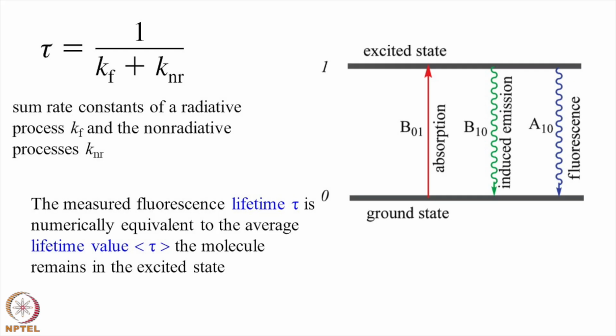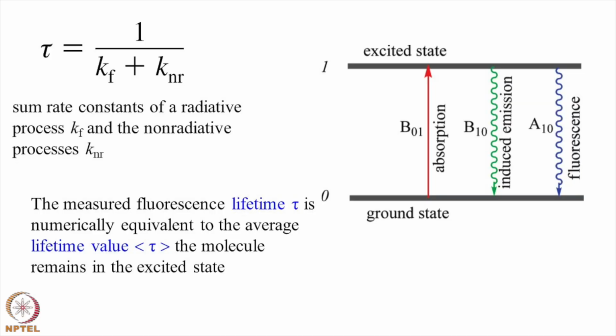So, tau, the fluorescence lifetime, is 1 by (Kf + Knr). Kf is the rate of fluorescence, Knr is the rate of non-radiative emission. It goes to the excited state, it can come back by giving you light, or it can come back by not giving you light. That time is called the fluorescence lifetime.